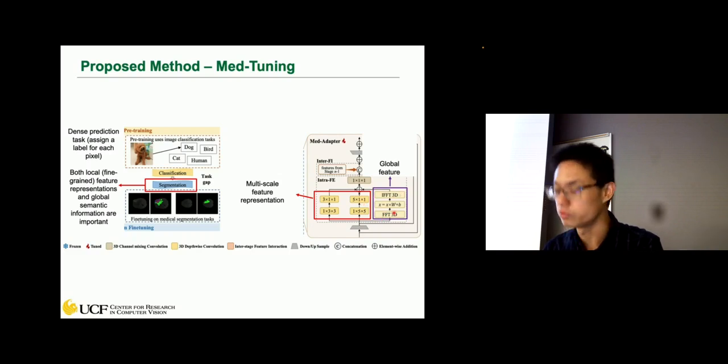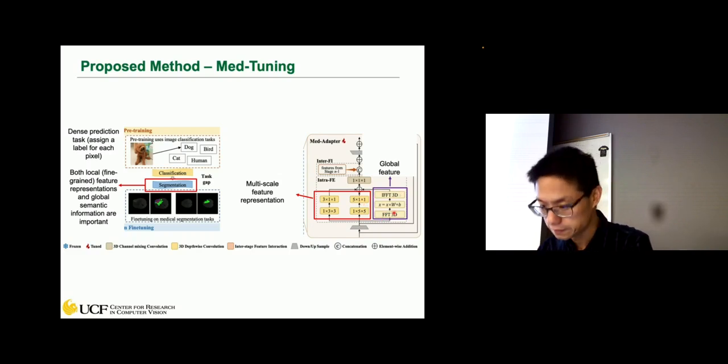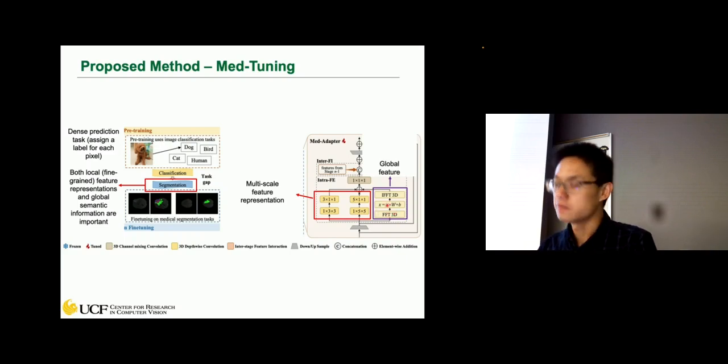Which uses the Fourier transform, okay? If you are not familiar with the Fourier transform, it is basically a frequency domain representation. You can take the image feature and represent it as a global representation in the frequency domain. So we take that 3D Fourier transform and apply some learnable parameters here, right?